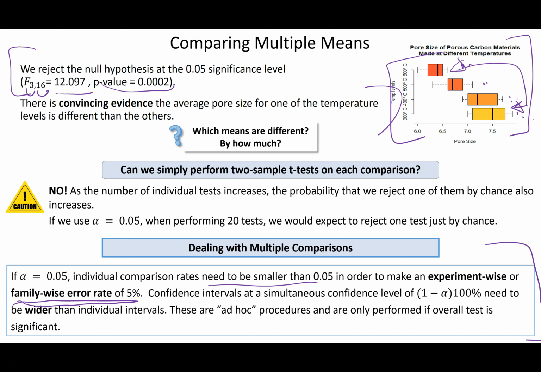When we make simultaneous confidence intervals, the idea is you're simultaneously making a confidence interval for each pairwise comparison. It will be wider than the individuals. These are ad hoc, which means after the fact. So once you decided, yes, at least one of the pairs are different, and you decide to check all the pairs, it's considered something done after the fact. So we need to account for it here.